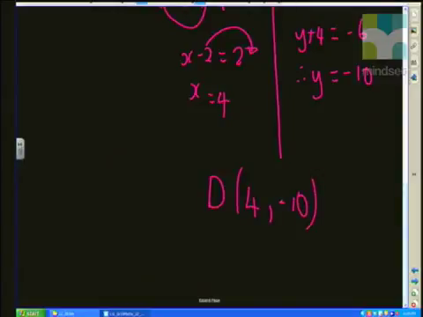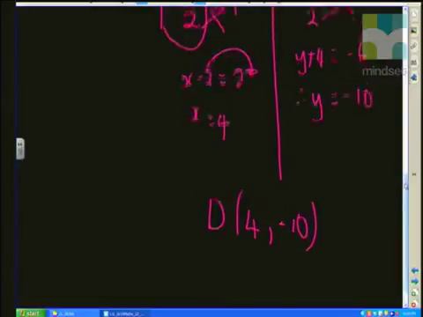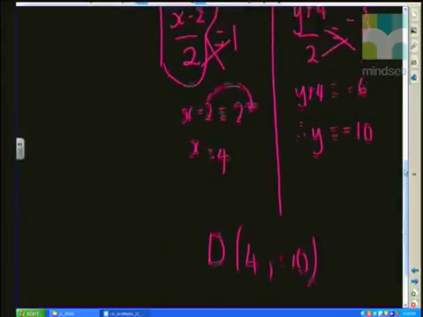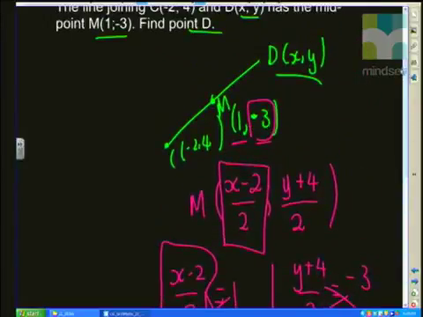And remember, with something like this, you can always go back and check. If the x value at point D is 4, let's see if it makes sense. 4 minus 2 is 2, and 2 divided by 2 is 1. Correct. The y value we got was minus 10.